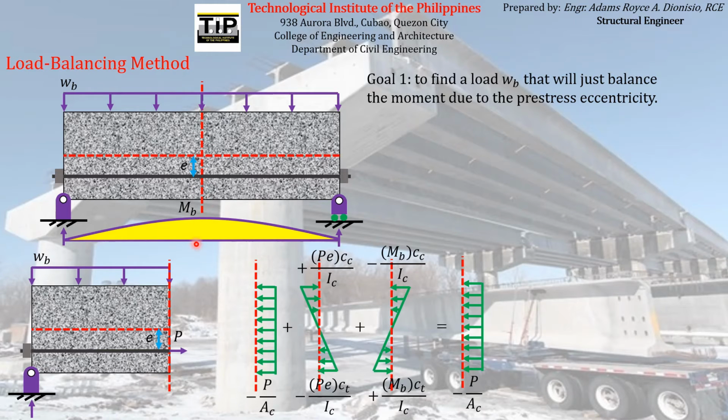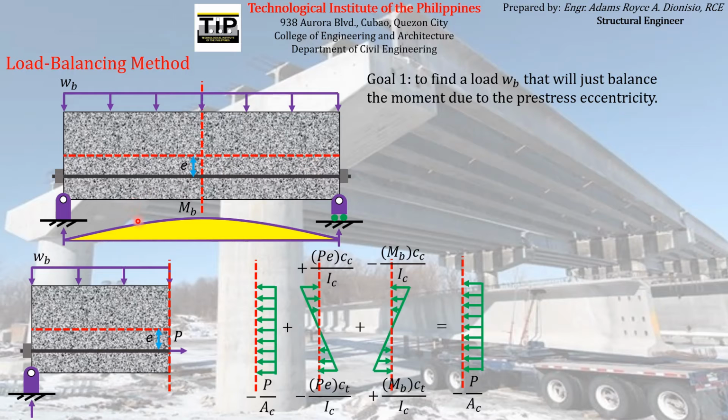Because again, we know that the bending moments vary with respect to the length of the concrete element. The bending moment produced by the balance load varies along the length of the concrete beam, while the eccentric moment coming from the pre-stress force is just constant all throughout the length of the beam.